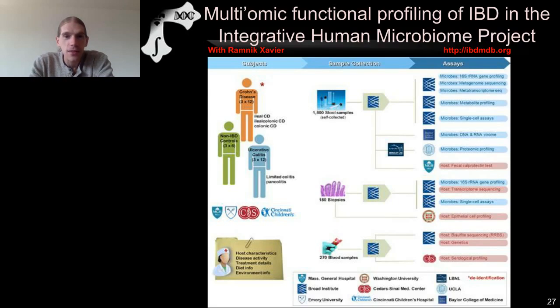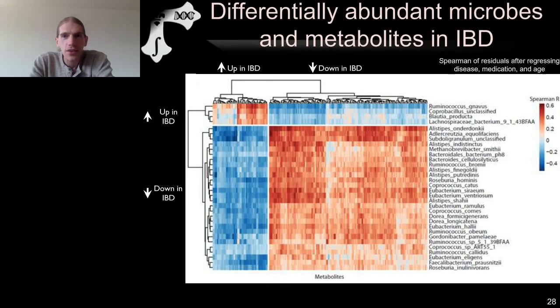And if you're interested in more information there, you can check out the IBD MDB or IBD Multi-omics database site on the slide here. The project's still ongoing, but to wrap up with an example, we have a pilot data set in which we've surveyed about 200 gut metagenomes from individuals in this population, accompanied by stool metabolite profiles, so stool metabolomics.